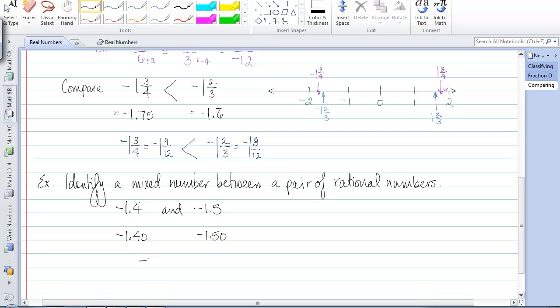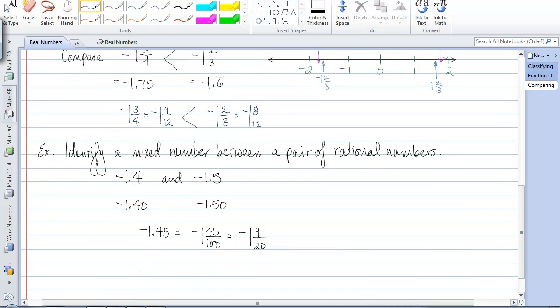So let's say we take -1.45 if we go right in the middle. And since we would read that as -1 and 45 hundredths, there is a mixed number between that pair of rational numbers, and we can also reduce it for good measure. So -1, and both have a factor of 5, so -1 and 9/20.